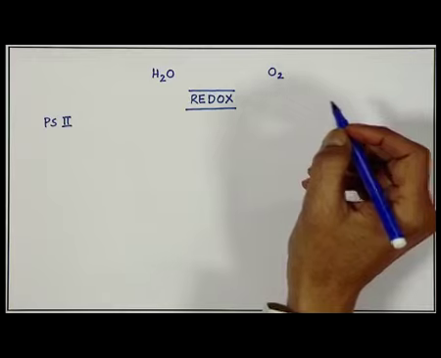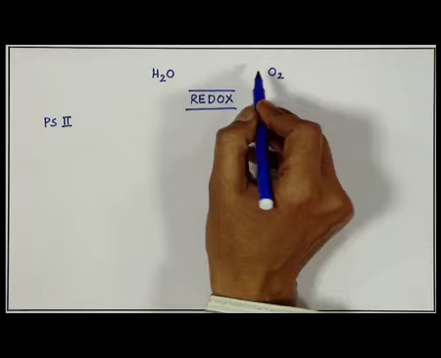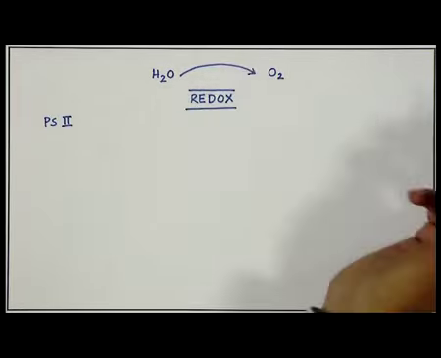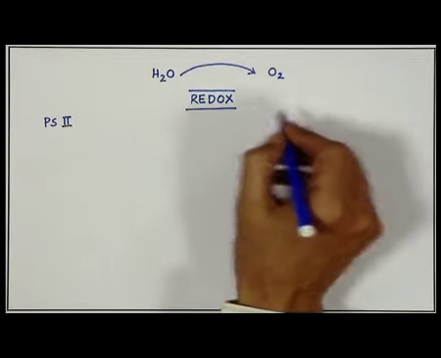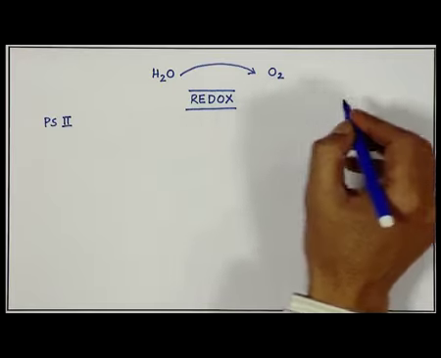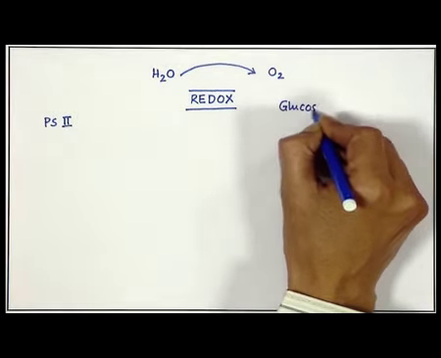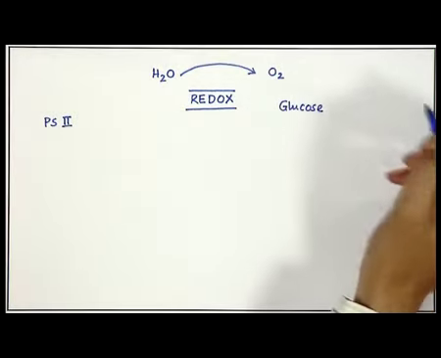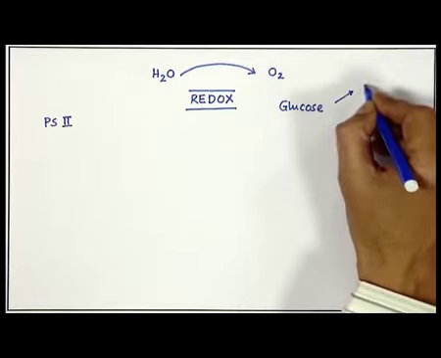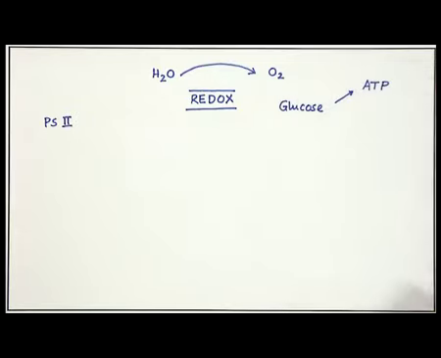is responsible for utilization of water molecules for the production of glucose with the elimination of this dioxygen molecule. And we definitely know that whenever we produce some amount of glucose, at the end when we require this glucose as our source of energy, for our very survival, we utilize these glucose molecules for the synthesis of ATP molecules also.